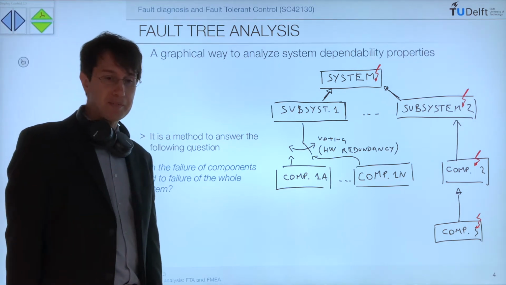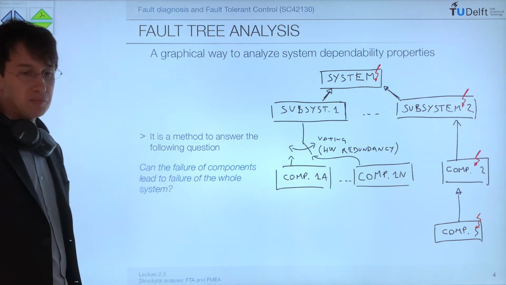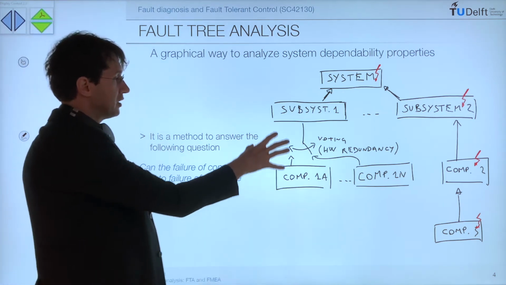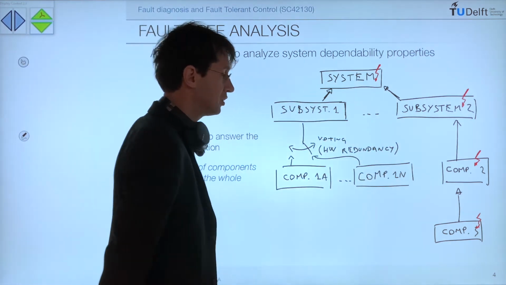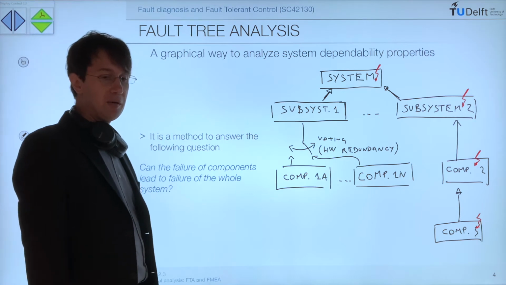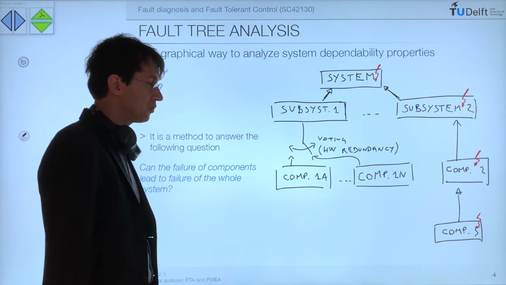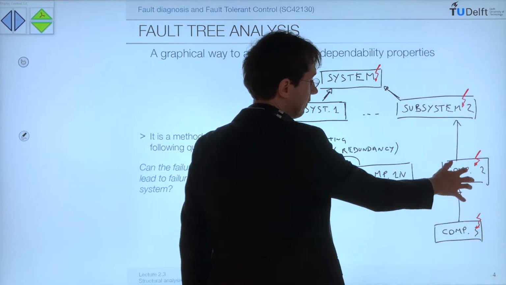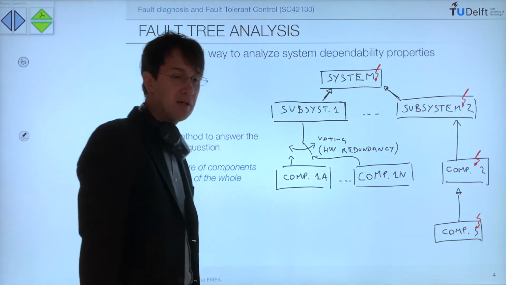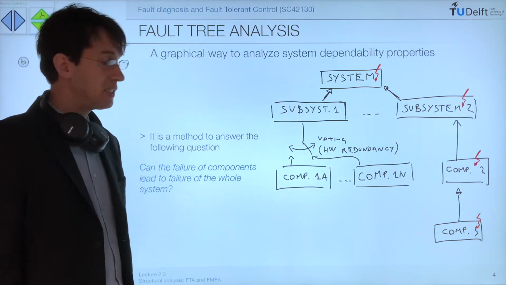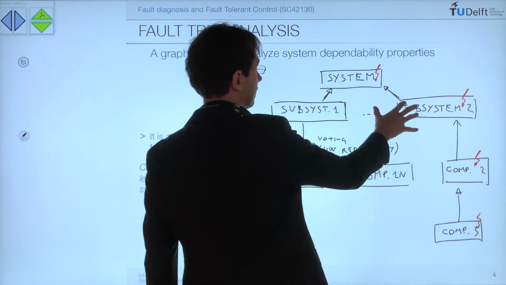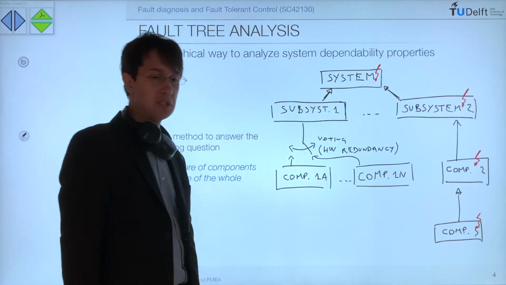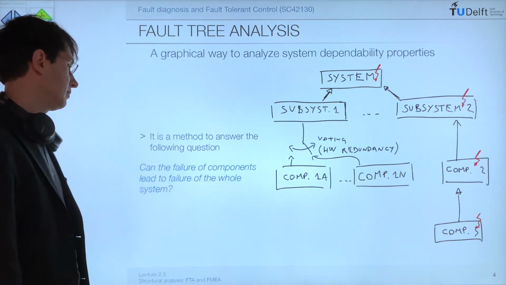So you remember that when introducing the component and services model, we had a drawing like this one, where hierarchically we showed how different components make part of subsystems and how different subsystems are connected to provide overall functionality of a system.